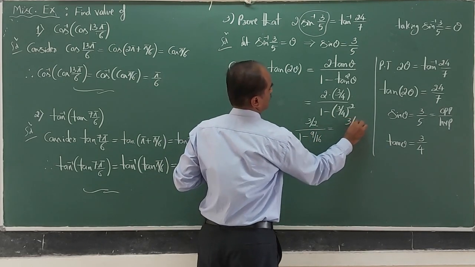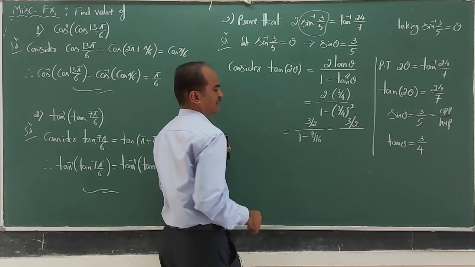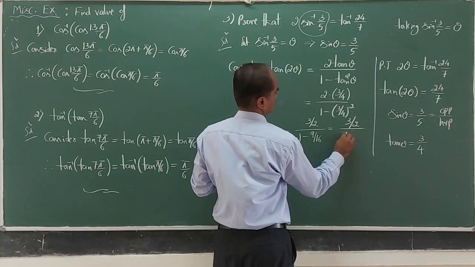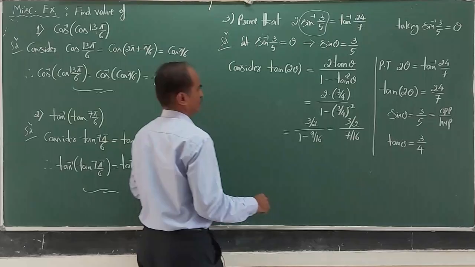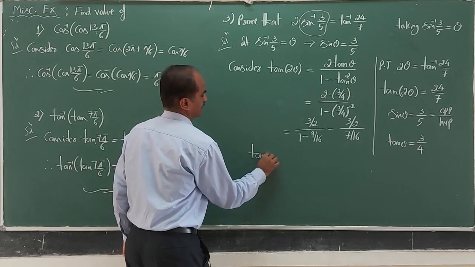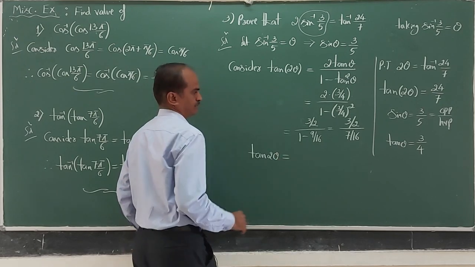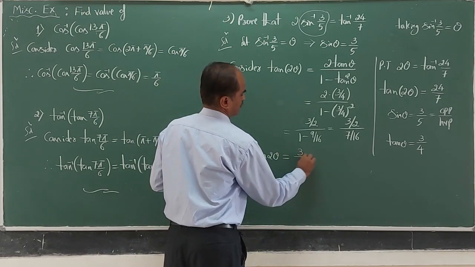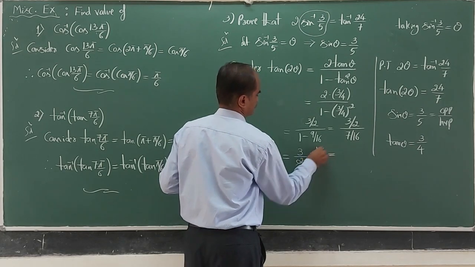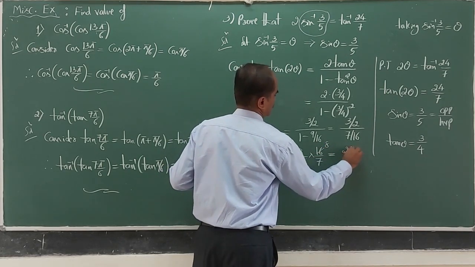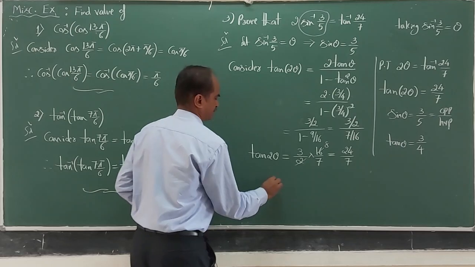That is 3 by 2 divided by 16 minus 9 over 16, that is 7 divided by 16. That is, tan 2 theta equal to 3 by 2 into 16 by 7. That is 24 divided by 7.